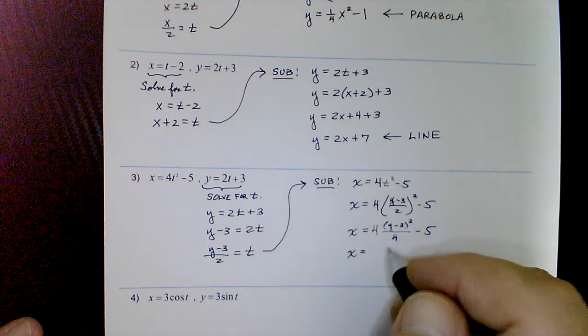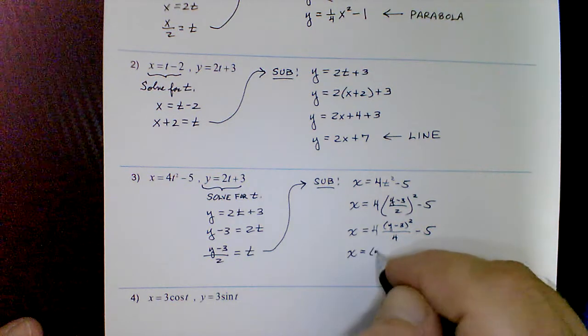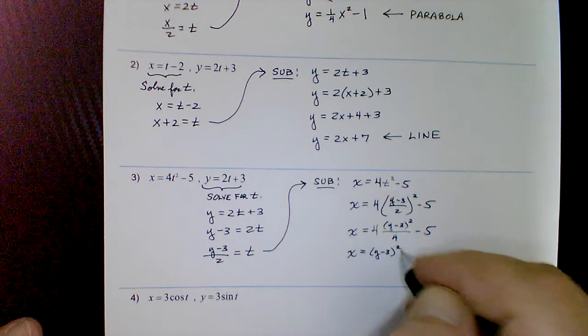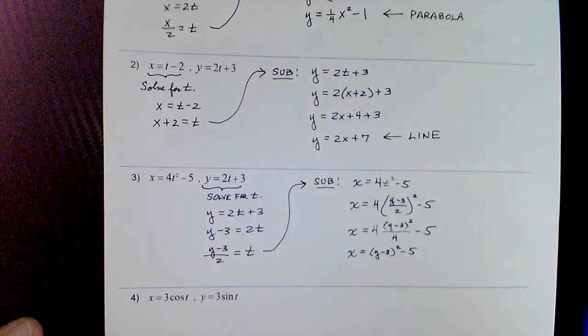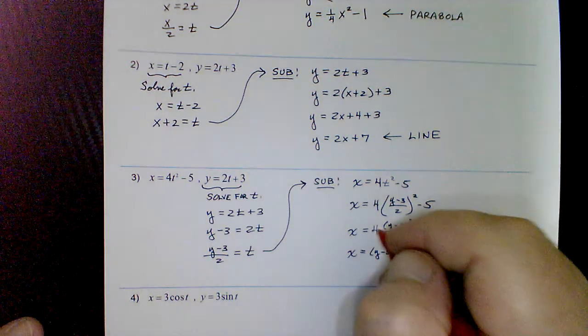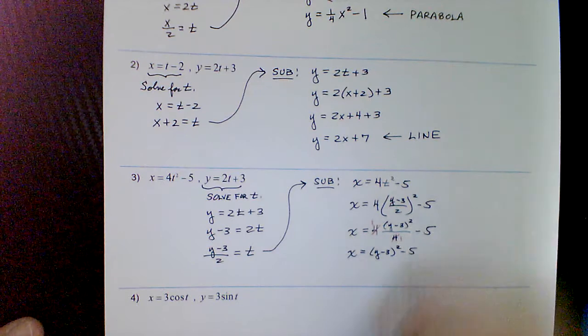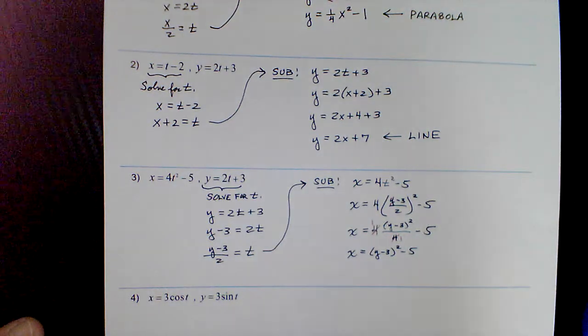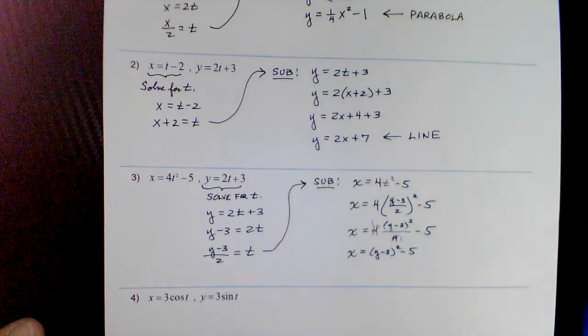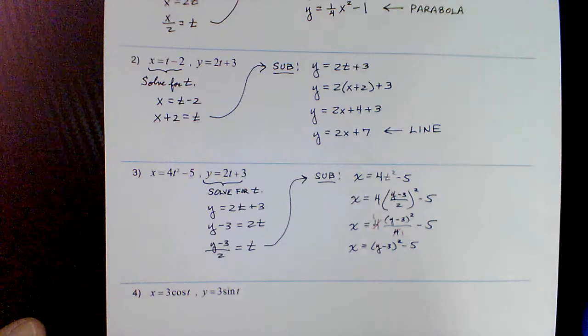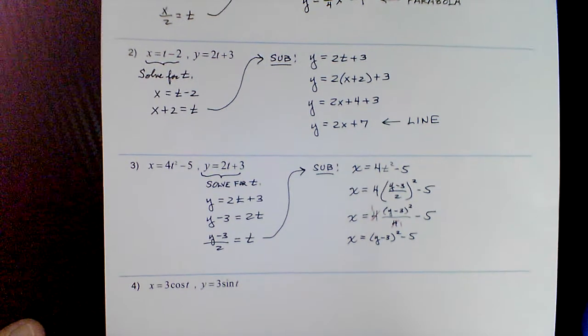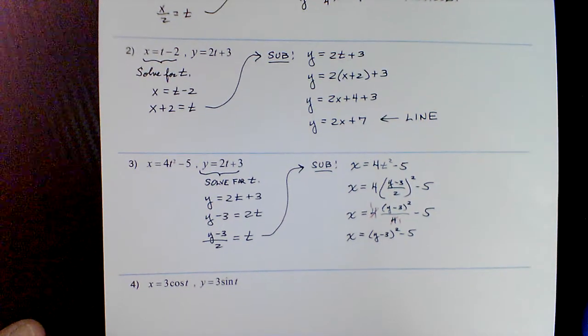So we get x equals y minus 3 quantity squared minus 5. And that's actually recognizable right away as a parabola. But if you want to, that's what we call the vertex form for a parabola.